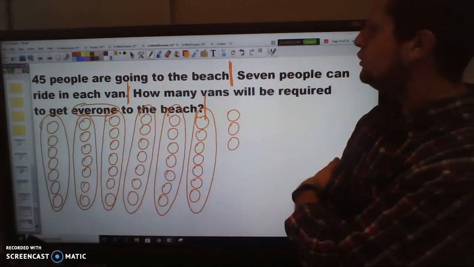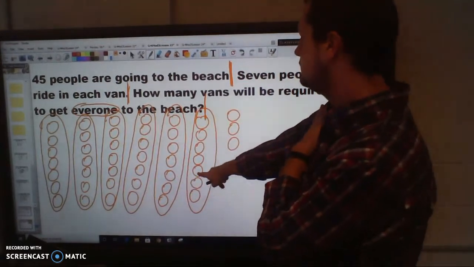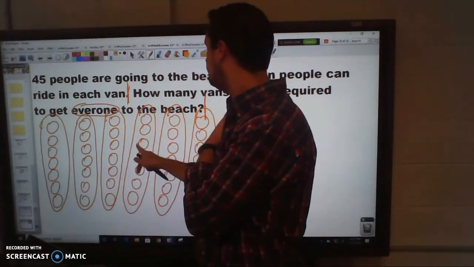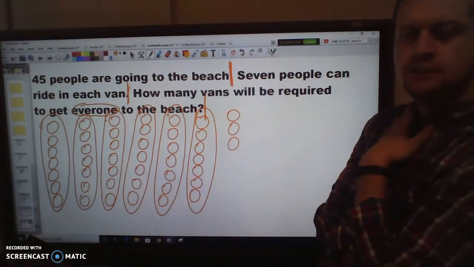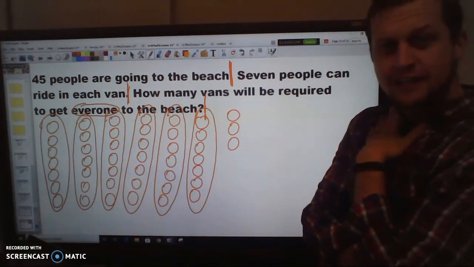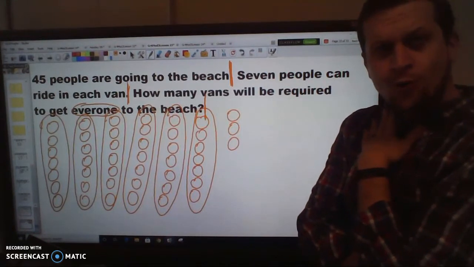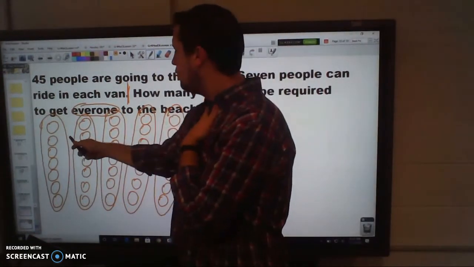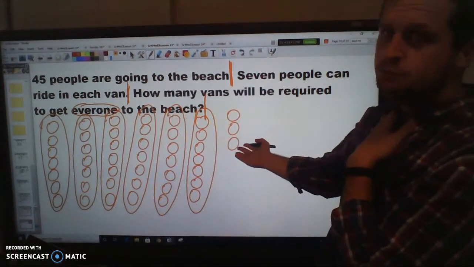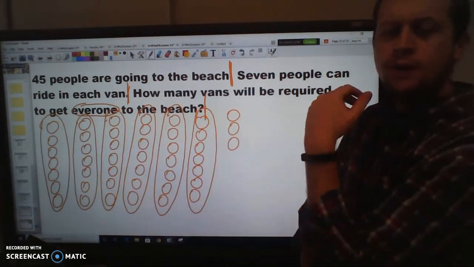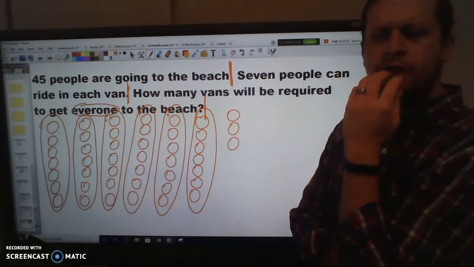If they just took 6 vans, 1, 2, 3, 4, 5, 6, would everyone get to go? No. If they just took 6 vans, these 3 poor people wouldn't be able to go to the beach. That wouldn't be fair, right?